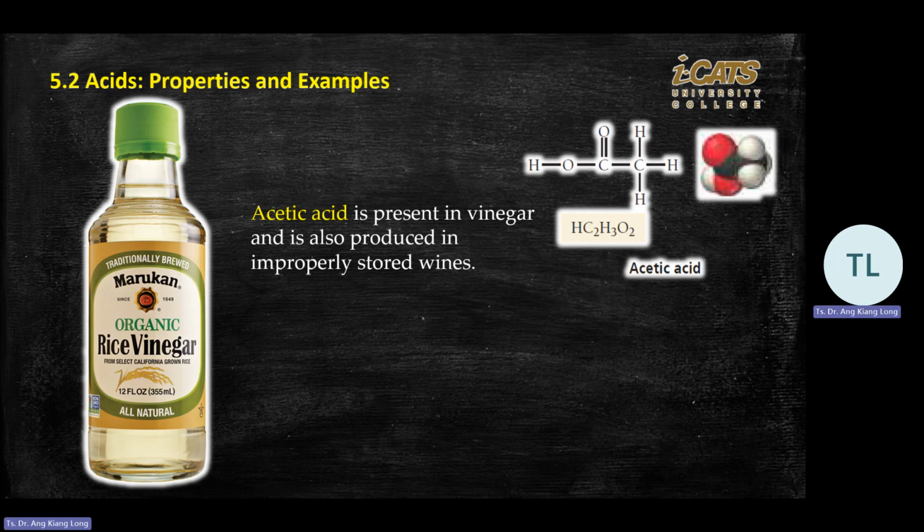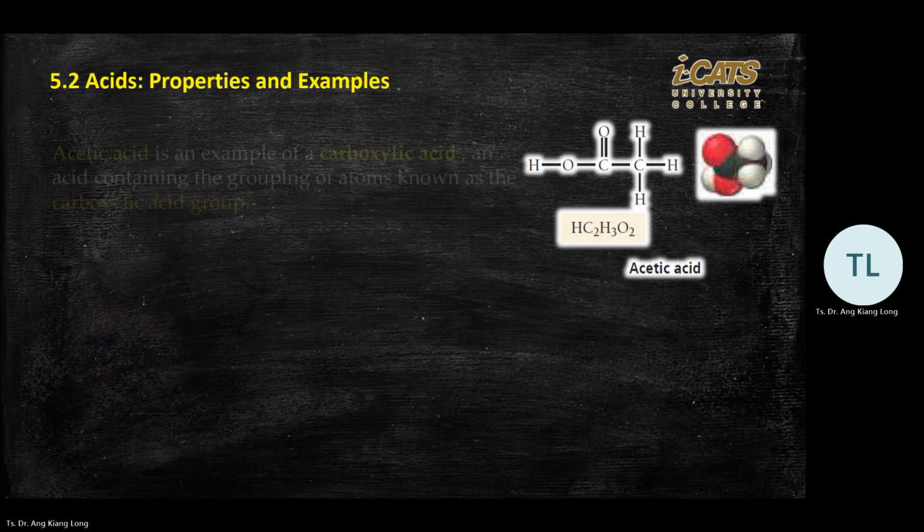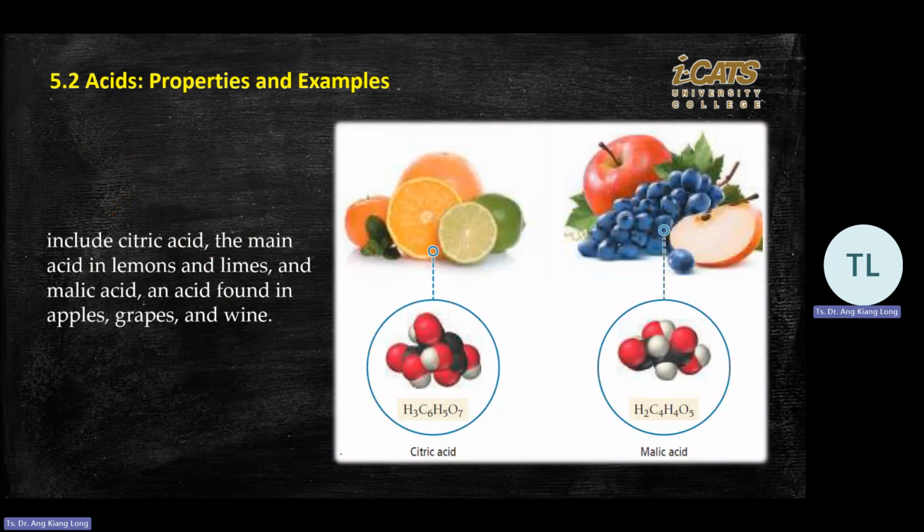I like seafood, so vinegar is something that I like. This one you read. Citric acid is more on the orange color. But again, important again, what is acid is an H plus ion solution.